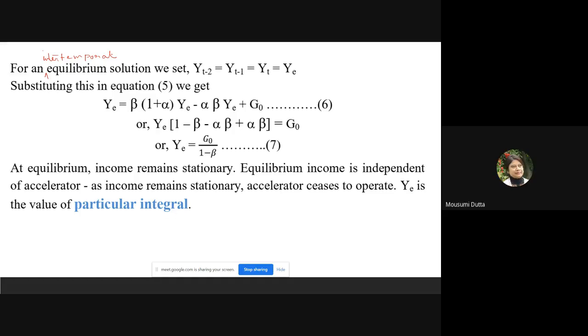Yes, Ye value is g naught by 1 minus beta. Here please mark that beta is greater than 0 and less than 1. The multiplier is greater than 0 and less than 1.